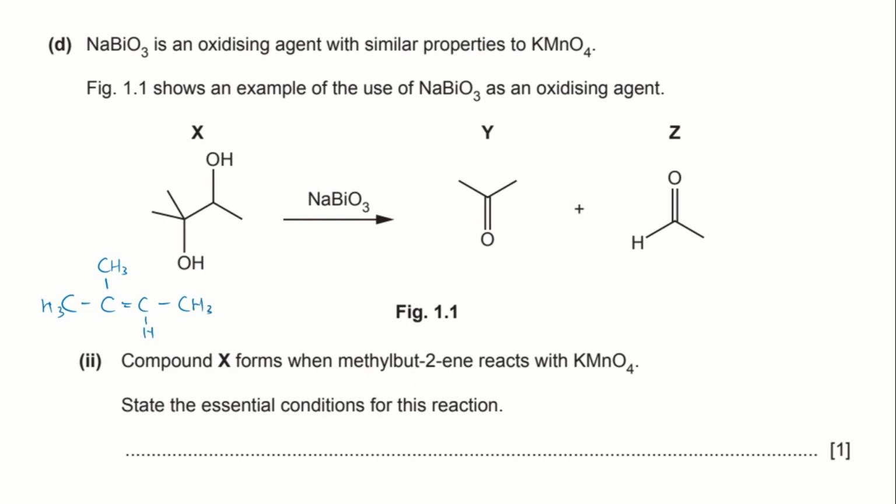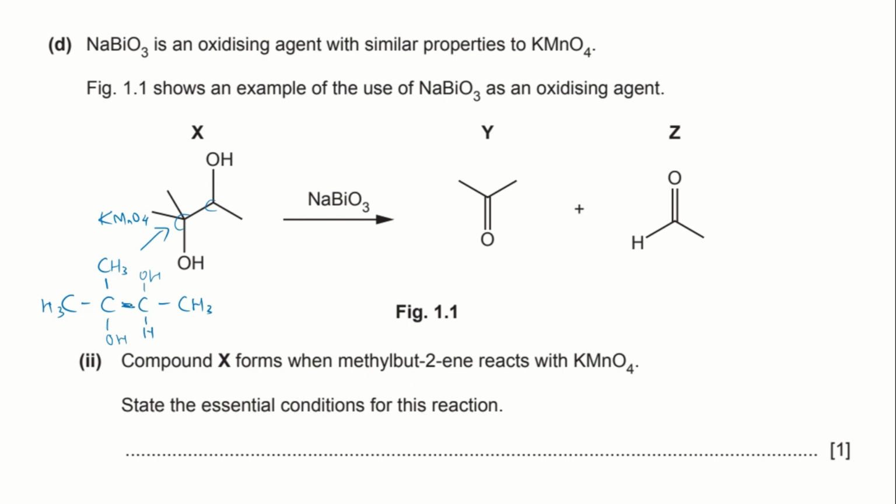It's H, right? So this methyl butene is forming X in a reaction with KMnO4. If you look at X and methyl butene, you realize that what has changed is there is no more double bond between the 2 carbons, and now each carbon is bonded to an OH group.